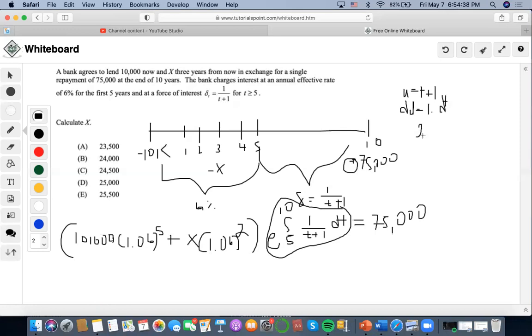So that would be ln u, which means that the inside would become ln of t plus 1, right? Which would mean that if we were to substitute the 10 and 5, we would get ln 11 minus ln 6.